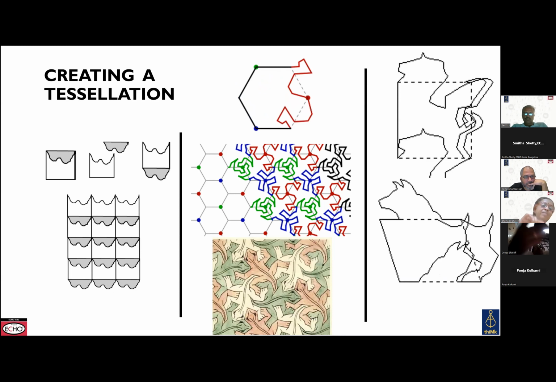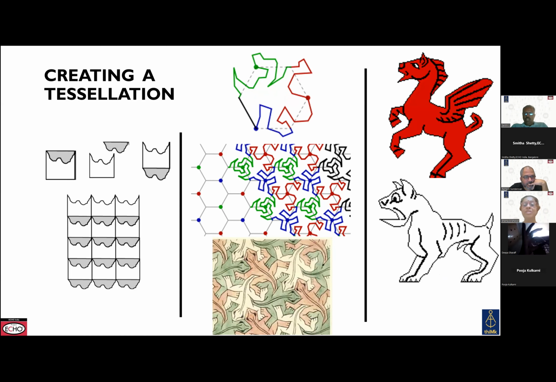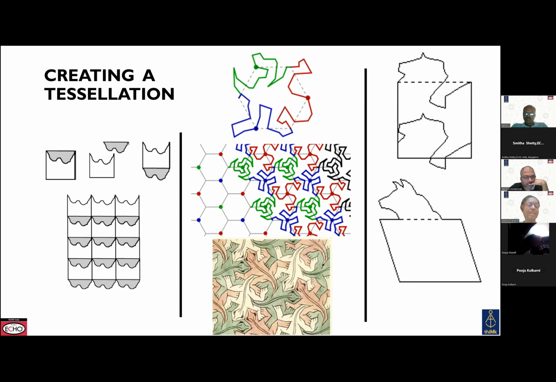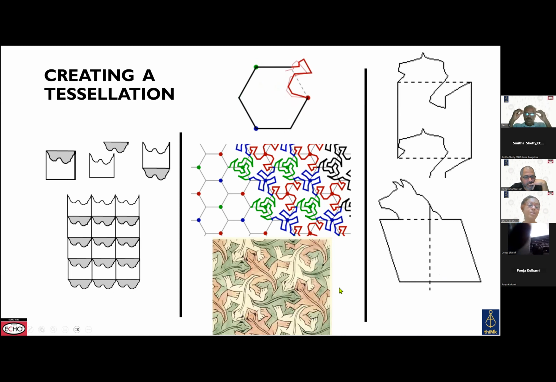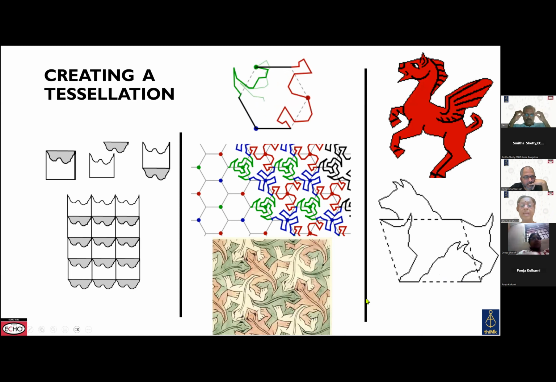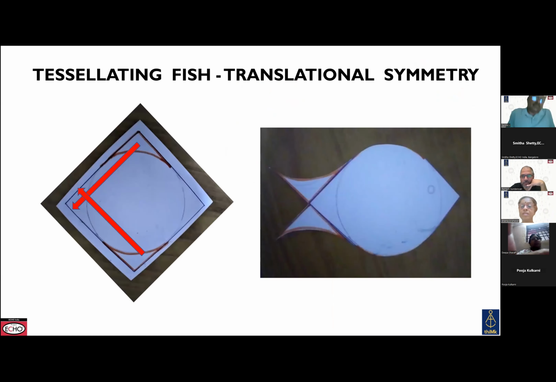But if I rotate it and keep it on the side, it's going to have a rotational symmetry. But we'll have to experiment, try it out, and then see. So for example, the next one, the fish, if I slide it.